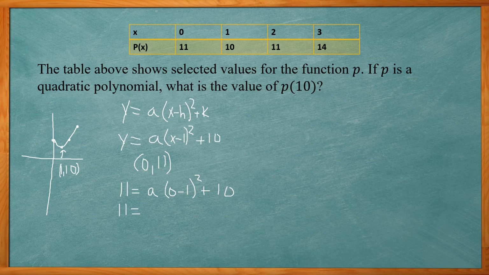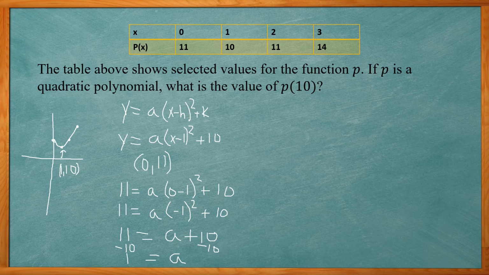We know 0 minus 1 is negative 1, so negative 1 squared. And we know negative 1 times negative 1 is just 1, so 1a, or just a, plus 10. And I'm going to subtract 10 from both sides. So then a will equal 1.